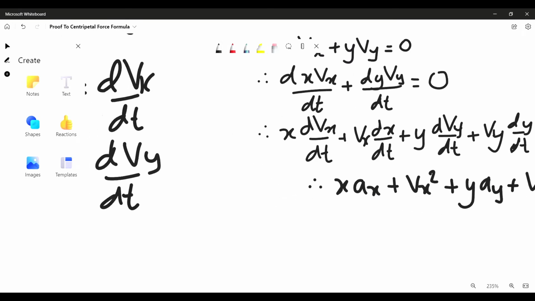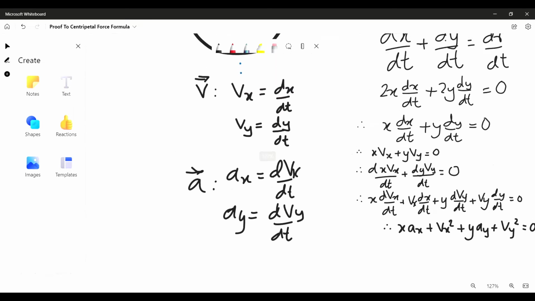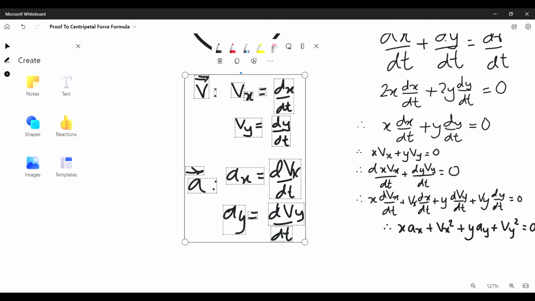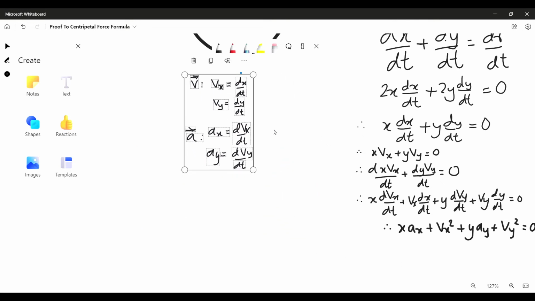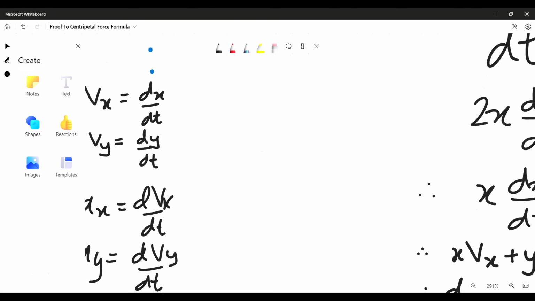I'm going to make this smaller so that we have enough space to write this, because this is important. As I said, x and y are the vector components of displacement. So we know our vector displacement is such that we have xi plus yj.